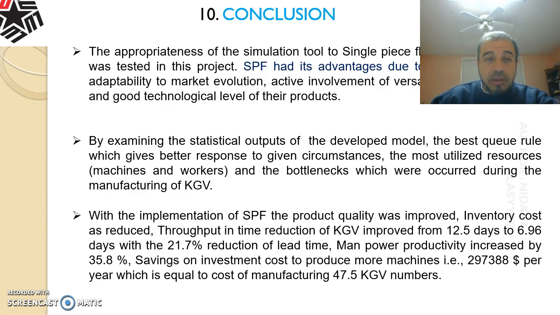So basically, the appropriation and the simulation tool of single piece flow, while challenging, still has advantages due to its lean structure adaptability. It's mostly active in the automobile industry, but we were able to implement it in this type of industry, in power plants. We also examined the different statistical outputs.